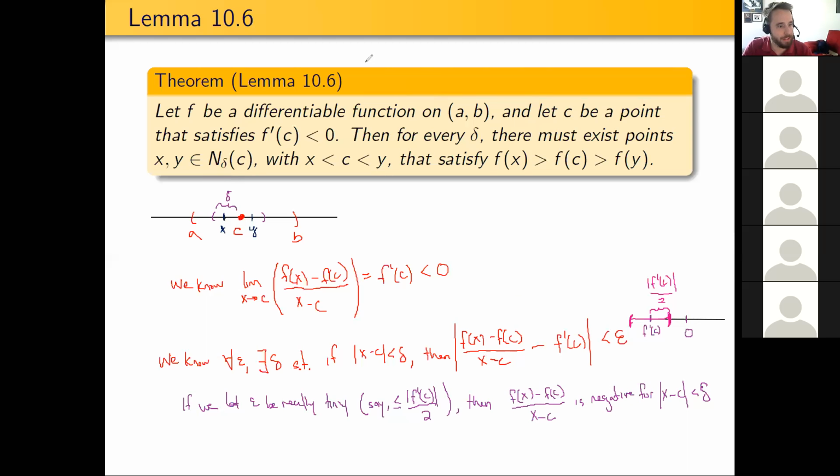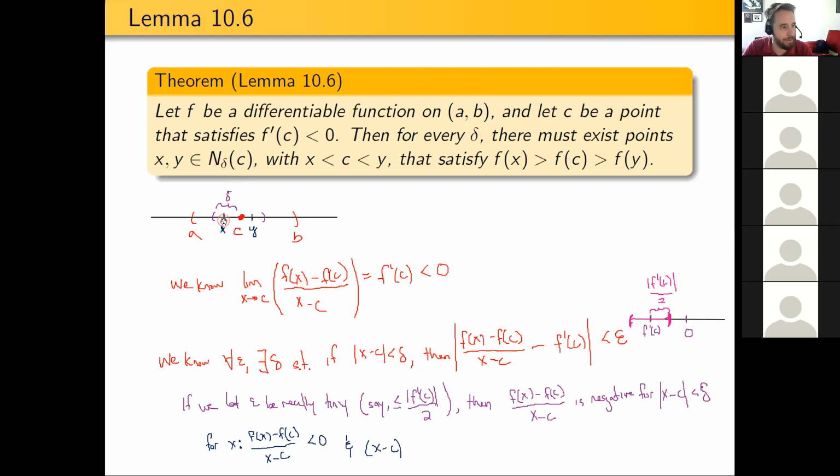And so we can explicitly compute, let's do it in the example of x first. So if that's our x value, then we know for x that the quantity f of x minus f of c over x minus c is negative. That's true just because x is inside the delta neighborhood. But we also know that the quantity x minus c, well, x is less than c.